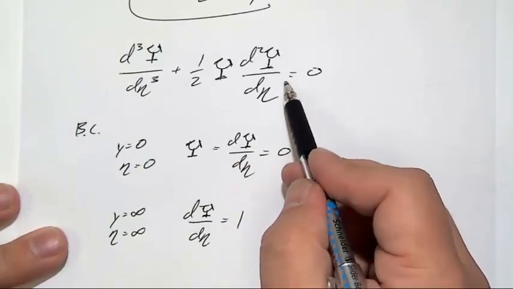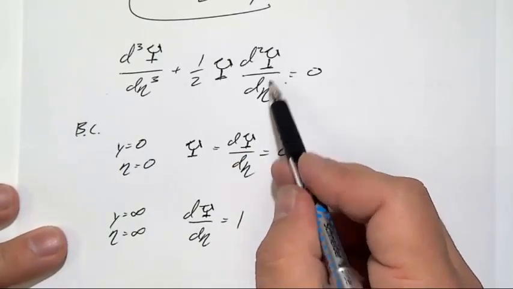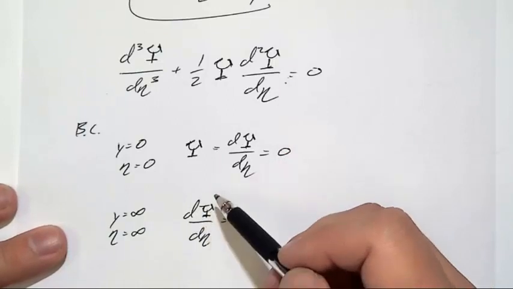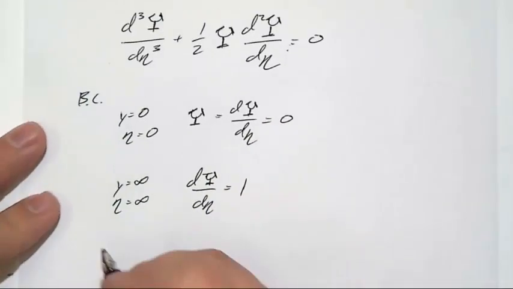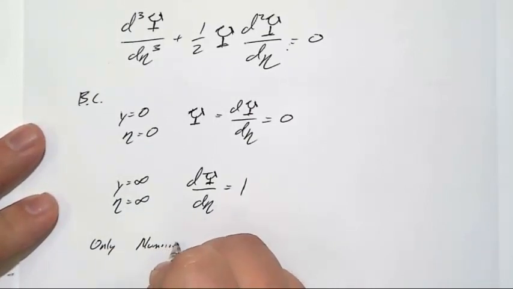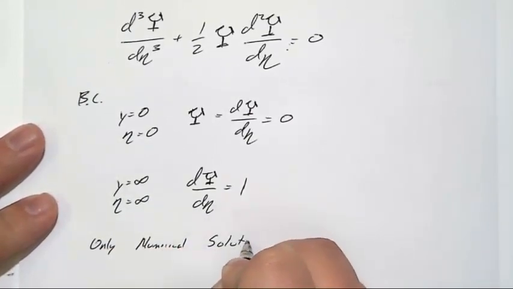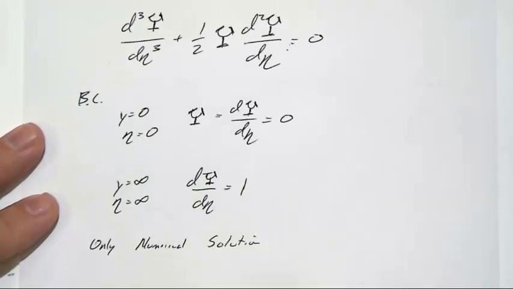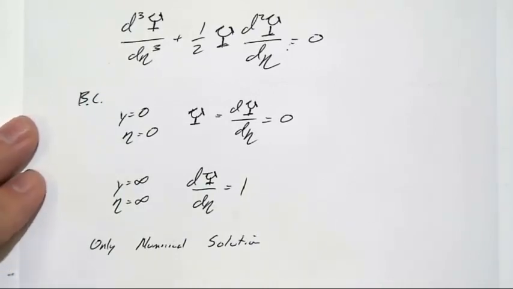So now I have this information, I could go ahead and solve for this differential equation. Unfortunately, there's no analytical solution to this differential equation, so it's only a numeric solution. So in that regard, we'll have to use Mathematica or MATLAB or some kind of computer software to numerically solve this.